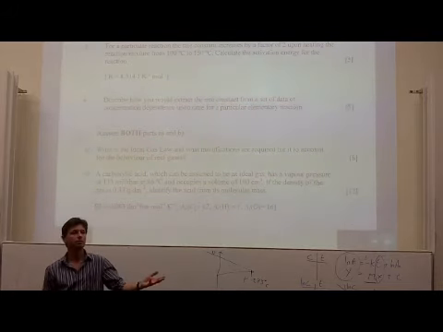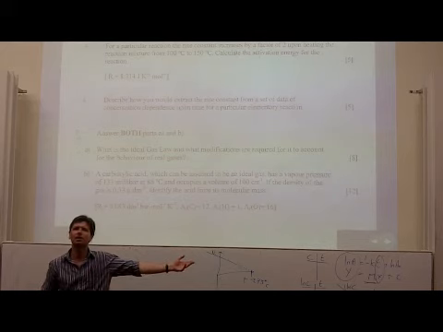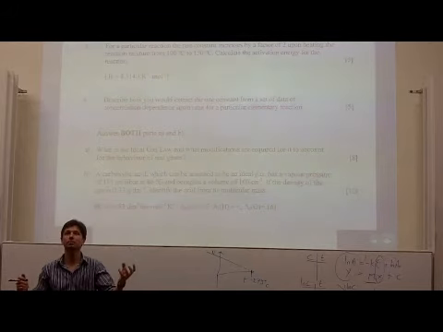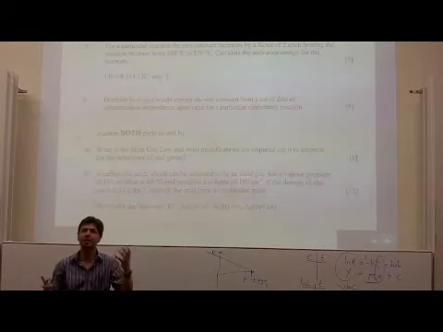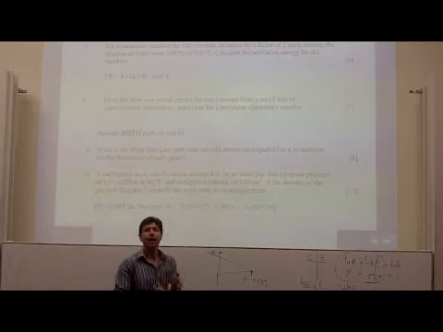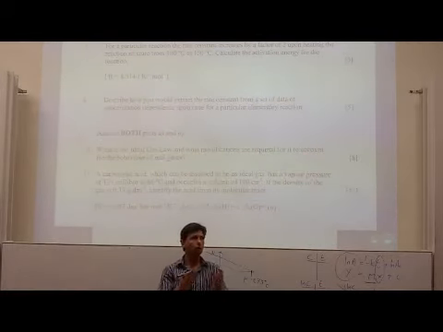Is that sensible? Does the volume of the gas go to 0 at minus 273? No, why not? Yes, the atoms have volume, the molecules have volume, and that's the other assumption you make with the ideal gas equation. You assume that the molecules have no volume.